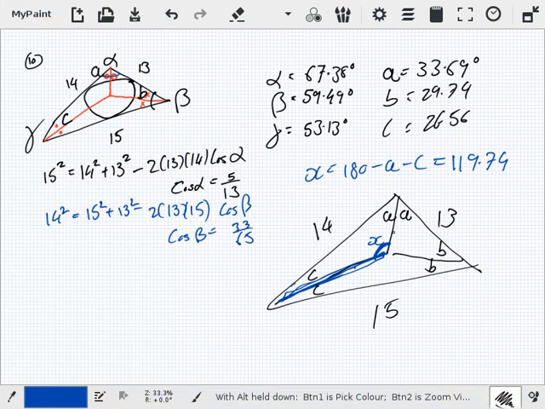Okay. Right. Sine rule. What will I call this side?